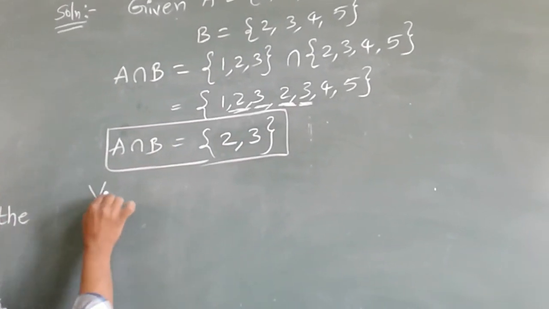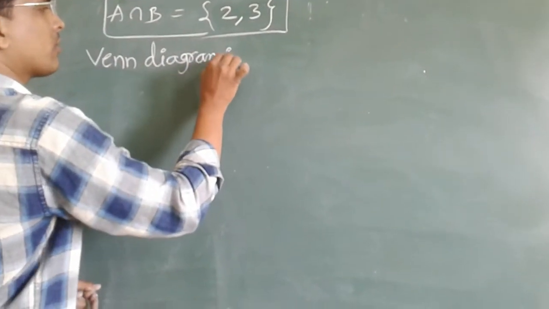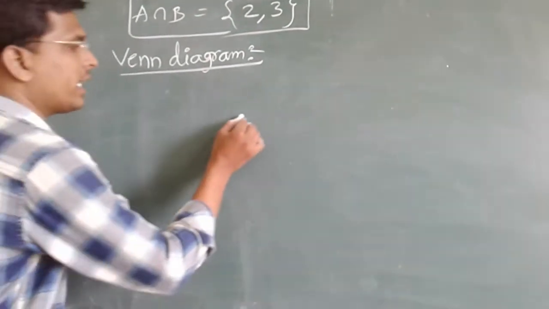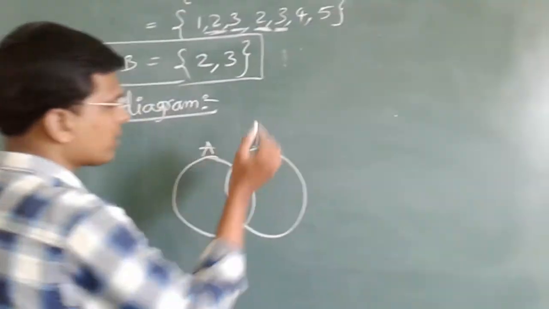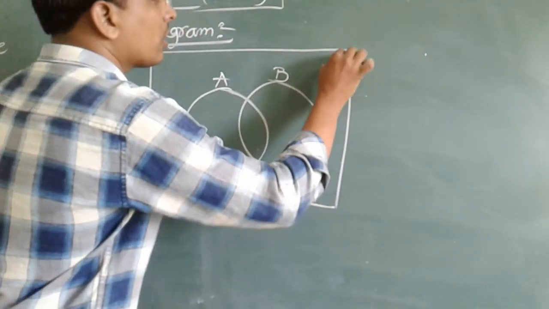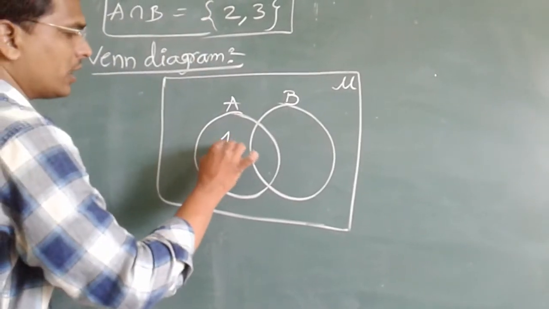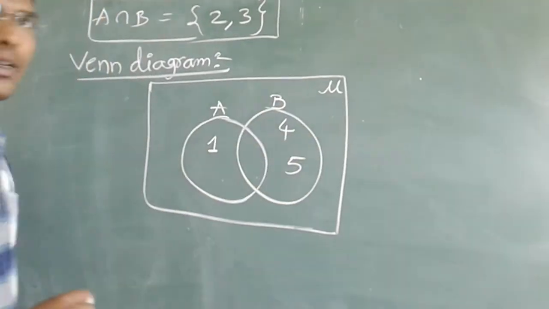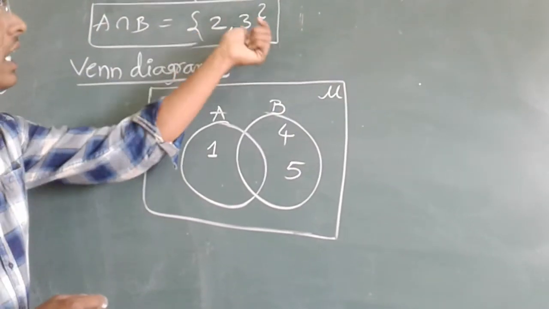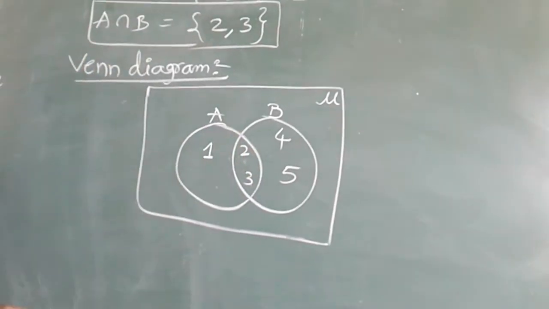If they ask you to draw the Venn diagram, take set A as a circle and set B as another circle, and both sets are included in the universal set, mu. In set A, the elements present are 1, 2, 3. In set B, 2, 3, 4, 5. But the elements 2, 3 are present in the combination of the two sets, so write 2, 3 there.